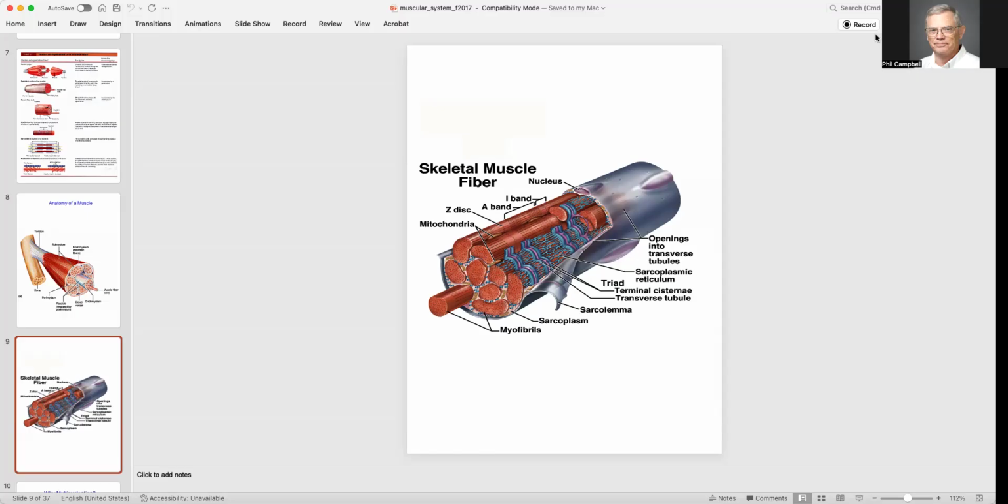Within a muscle cell, we have these myofibrils. Myofibrils are a series of connected sarcomeres, the smallest contractile unit. And associated with the Z disc of every sarcomere is this internal plumbing system. The T-tubules are circular, surrounding that, and then we have the sarcoplasmic reticulum.